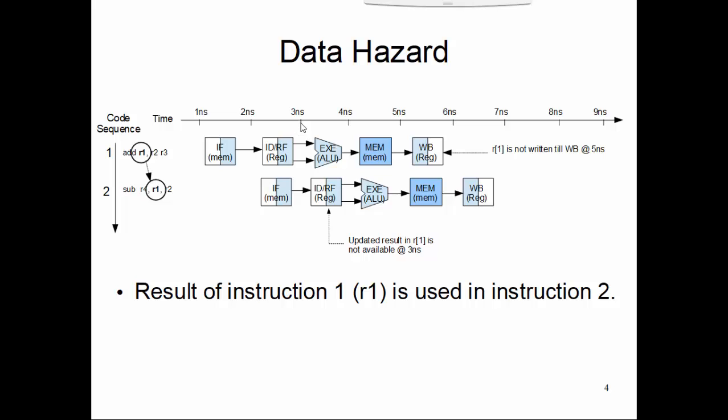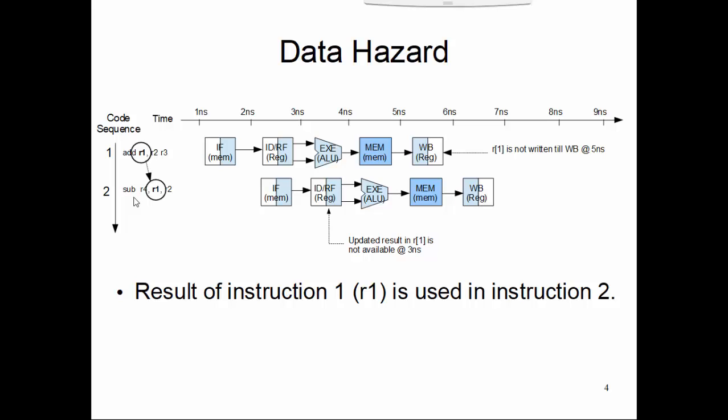In this 3 to 4 nanosecond window, the updated value of R1 is not yet available, so what you are accessing is the old value of R1. Definitely, if we keep our execution like this, the second instruction is not going to produce the intended result.